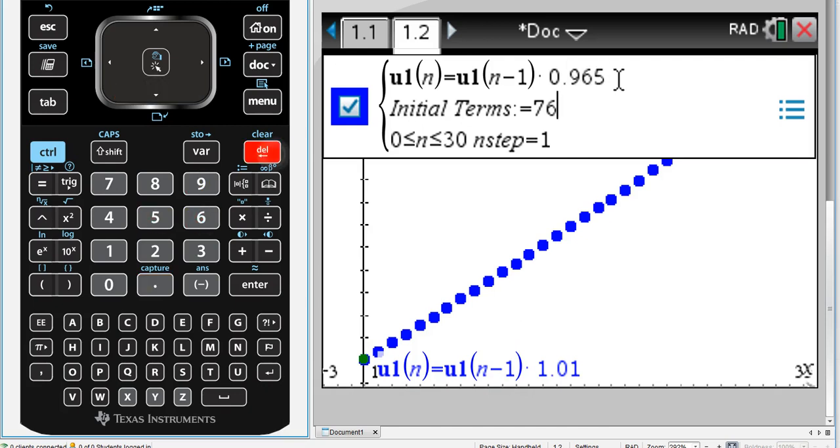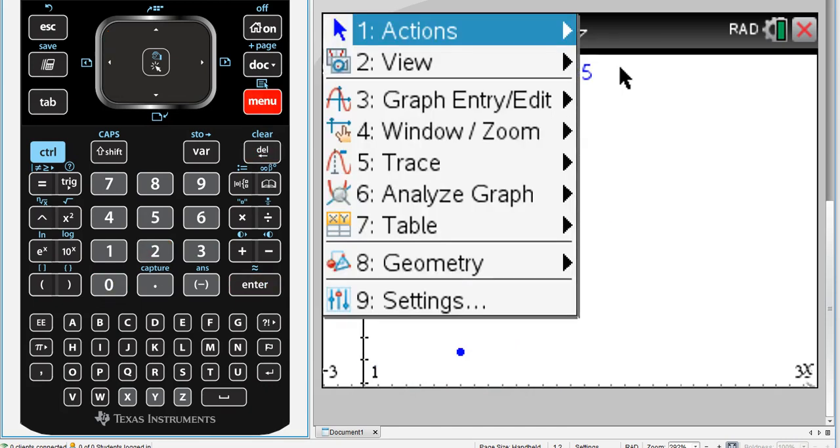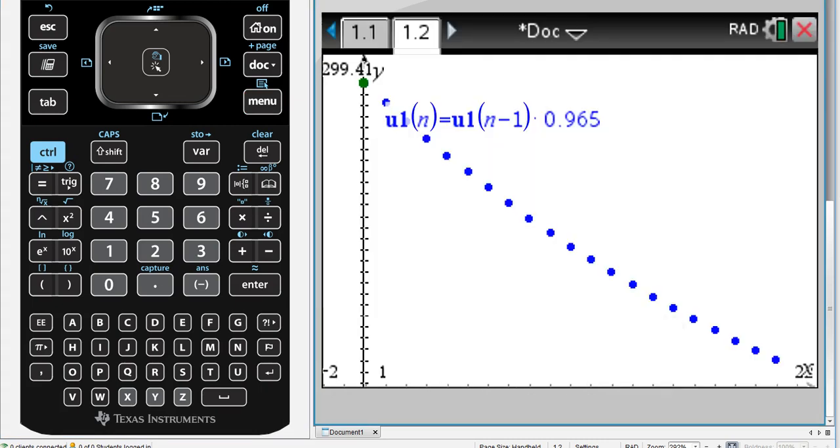I'm starting at $9,800 and we need to go forward a few steps. We'll just reduce that to 20 or so, just to not stress the calculator out too much. Windows, zoom, fit. You can see it definitely has that nice bend on it. It's very slow, but it's there.